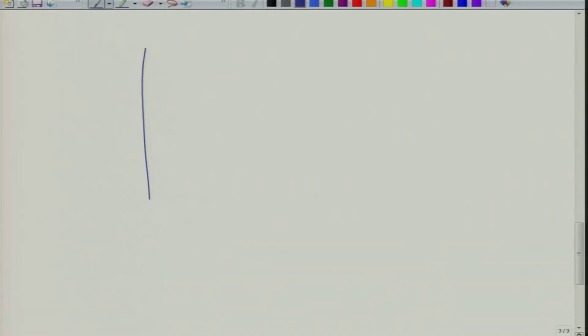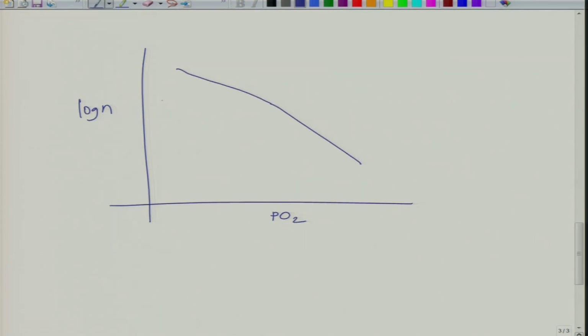So, if you recall, when we plotted log of concentration versus PO2, you had a dependence which was something like this, and the other defect went like this. It is a little bit steep actually, so it could be something like that.